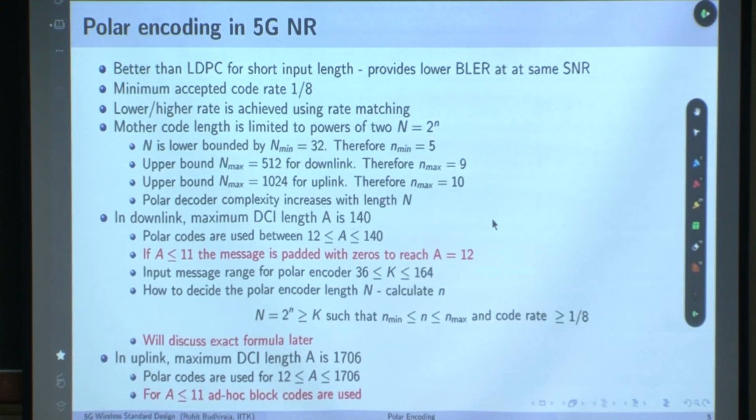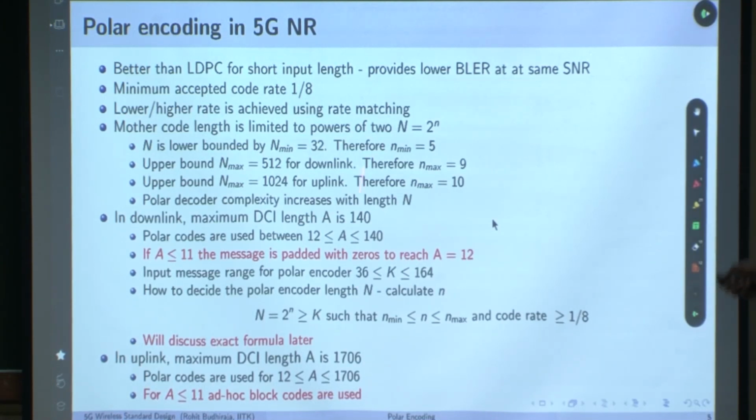The index sets correspond to the channels which have the highest reliability, and frozen bits correspond to the channels which have the least reliability. What are those frozen bits? You are setting them to 0. They'll pass through the least reliable channel and give you the 0 output. Message bits are going to pass through the most reliable channel and you'll get them as such.